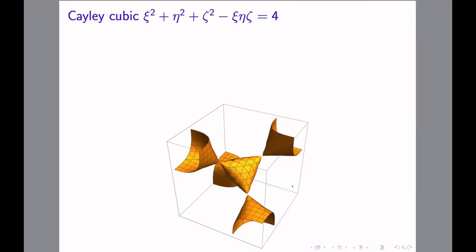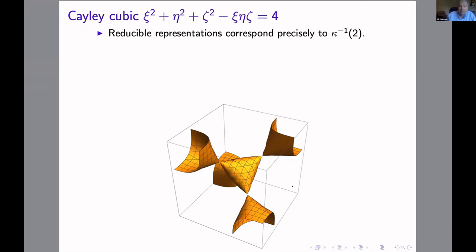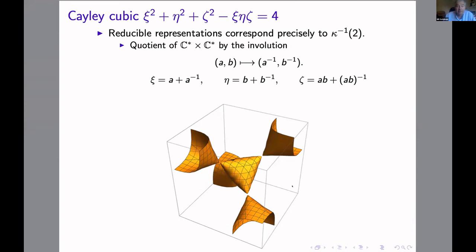One particular case where you have singularities is when the level is k equals 2. These correspond to the reducible representations. And in this case, you get a rational parameterization of this cubic surface, namely corresponding to the eigenvalues of the matrix. So you can upper triangularize or diagonalize the matrix.